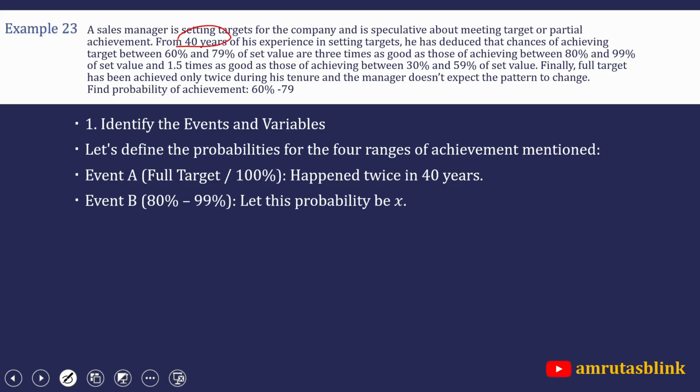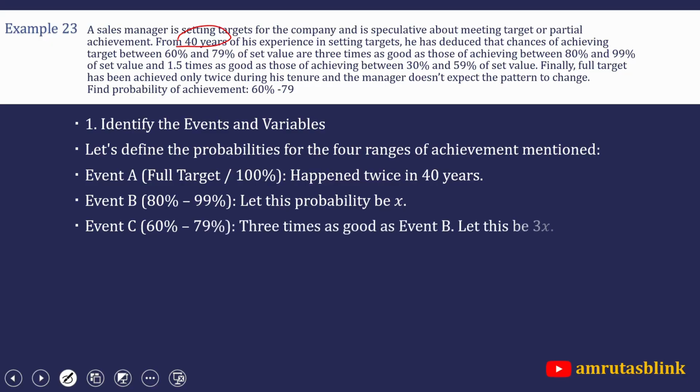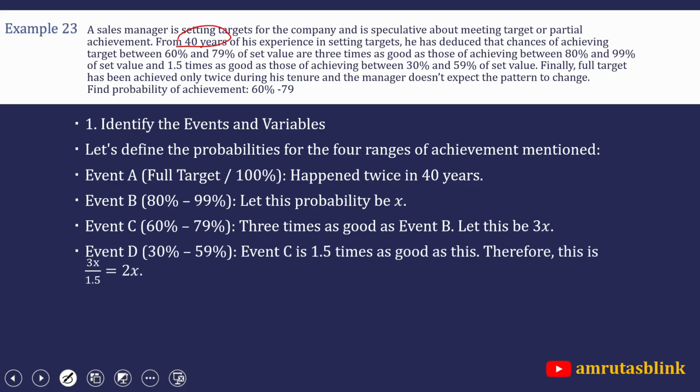Now let's say we have an event B, that is 80 to 99%. This probability we will assume as, let's say, X. Then there is an event C where 60 to 79% target is achieved, and there is an event D where 30 to 59% of the target is achieved.